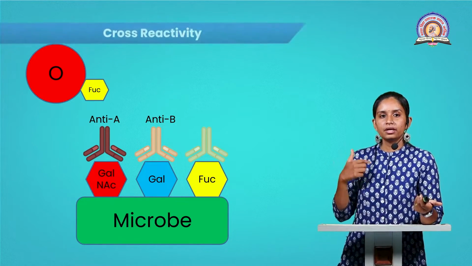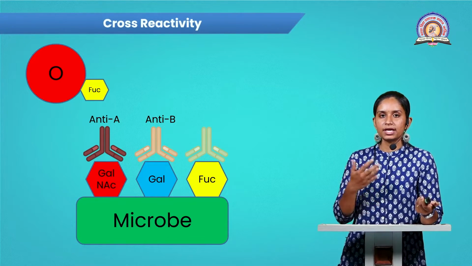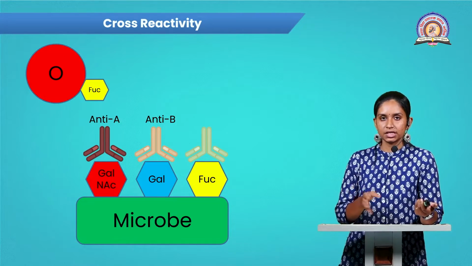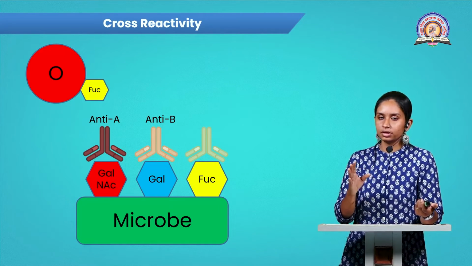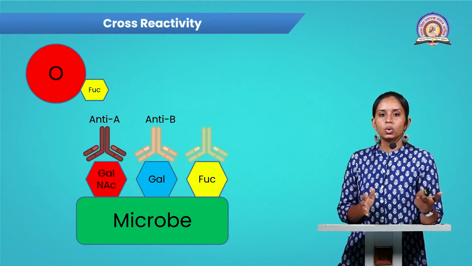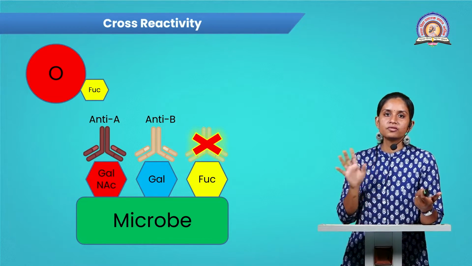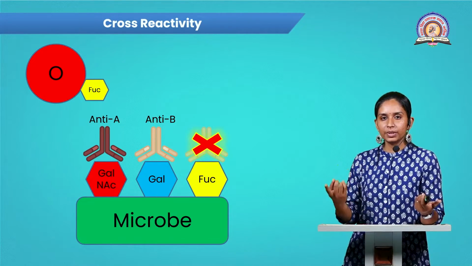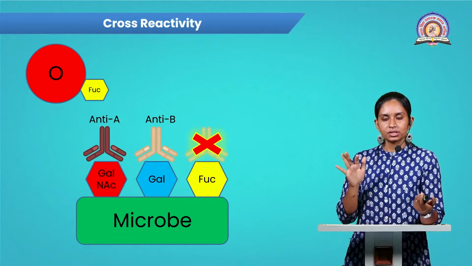Now if my blood group is O, as I have told you, both the antigens are absent on the surface, that is neither A nor B is present on the surface of RBCs. So only the antibody against fucose will be eliminated, and both antibodies, anti-A and anti-B, will remain in the serum.